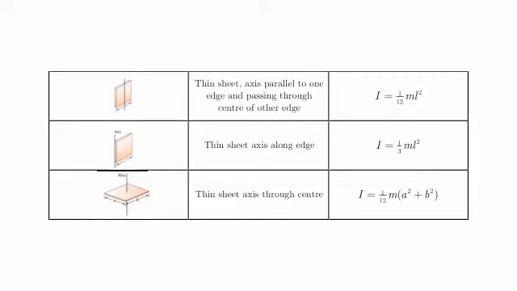A thin sheet spinning about an axis along one edge is 1/3 ml squared. And if we turn the thin sheet so it's on its face, with the axis through its center, we have 1/12 m (a squared plus b squared), where a and b are the dimensions of the sheet. And those are the different moments of inertia.